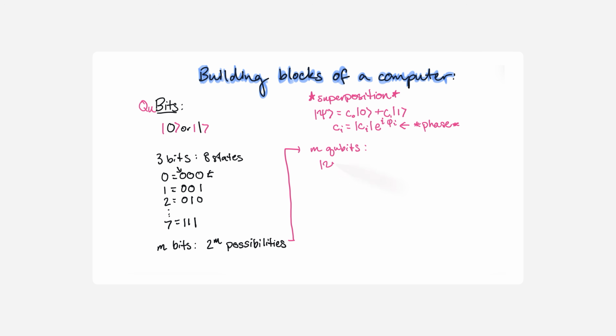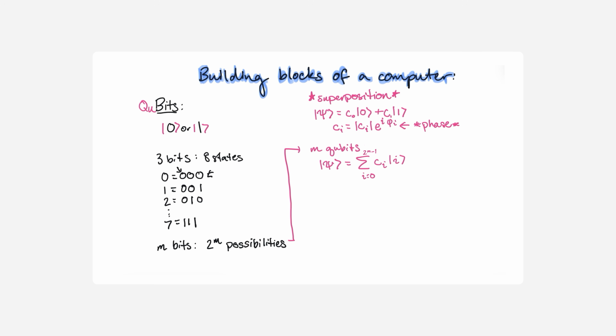So the state looks like this: |ψ⟩ is the sum over i of cᵢ|i⟩, where i goes from 0 to 2^m − 1. Here |i⟩ is a so-called computational basis state, a state where each qubit is either 0 or 1.